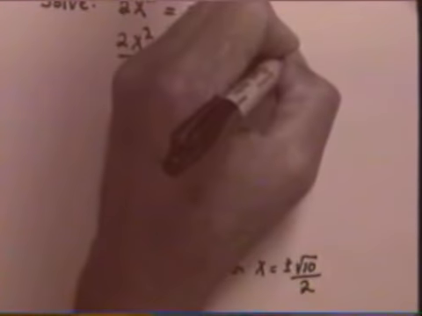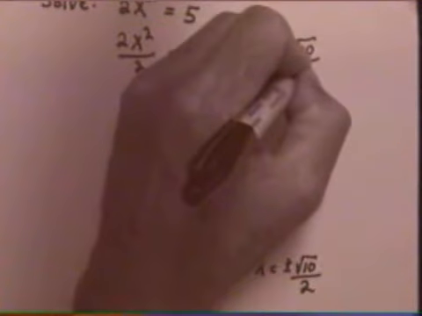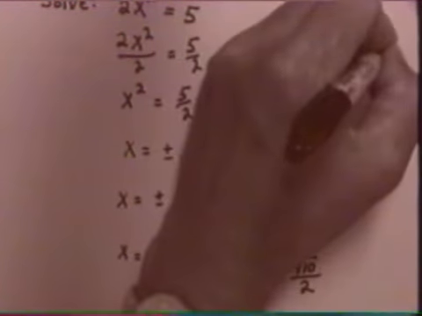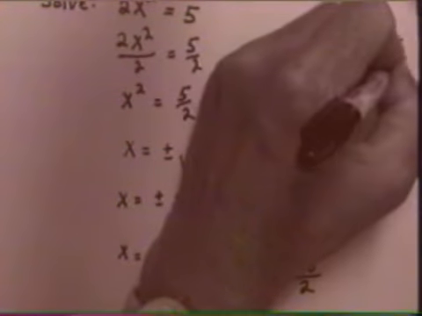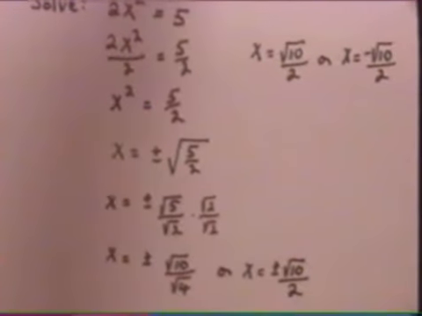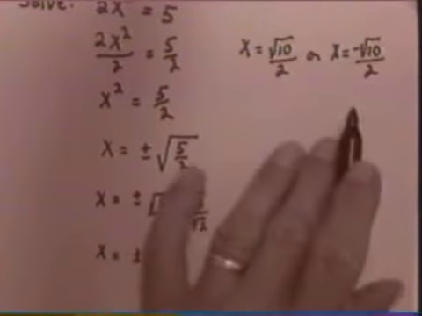Now I can write that as x is equal to the square root of 10 over 2, or x is equal to the opposite of the square root of 10 over 2. So what plus or minus means is either the positive or the negative.